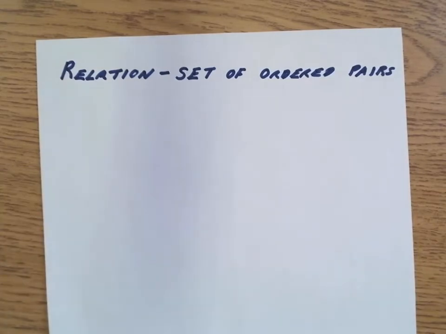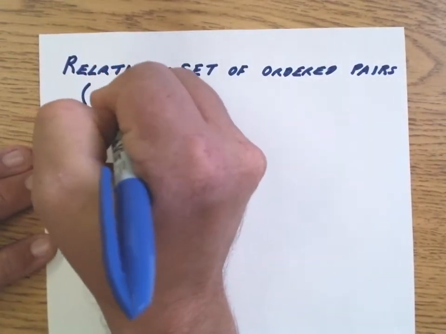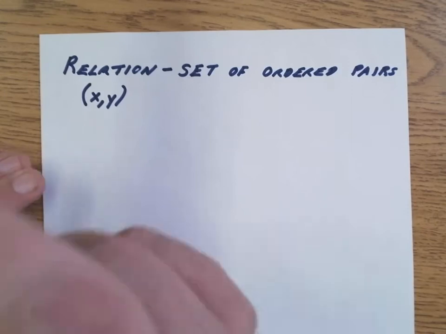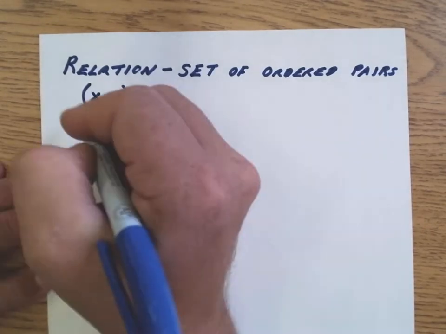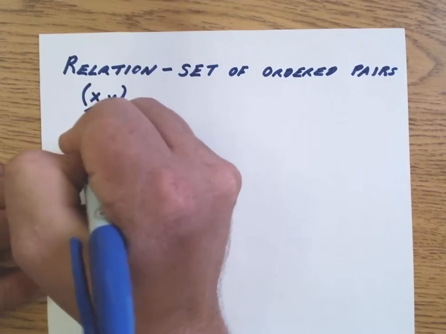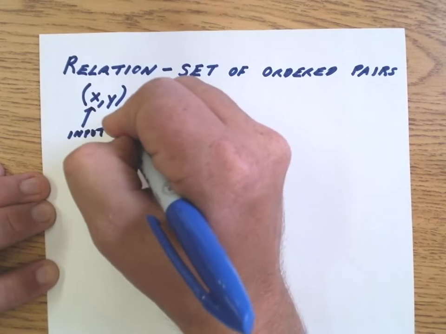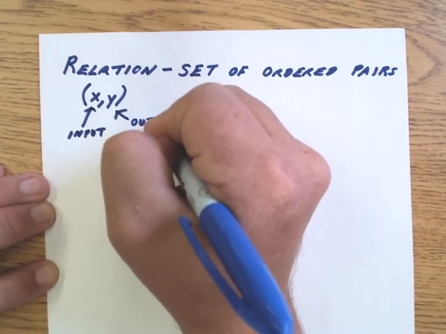Now, a set of ordered pairs has an x and a y. This x and y have some different names. This x is called the input. This y is called an output.